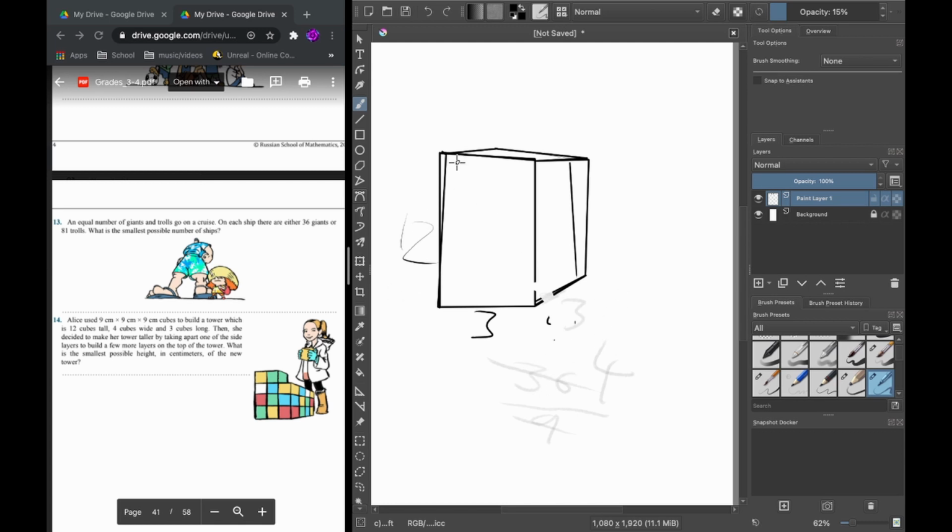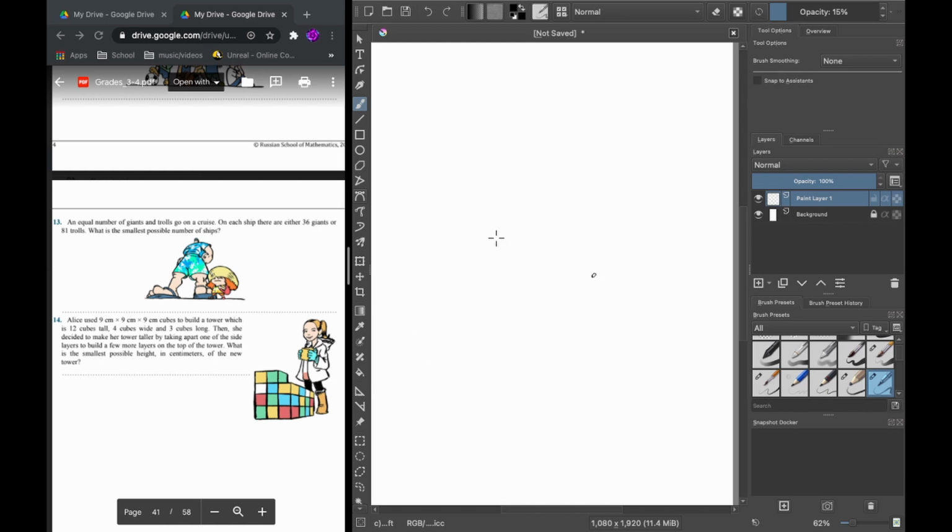So we're going to put 4 extra layers. So if we do 12 plus 4, we would get 16. And now what we'll do is 16 times 3, and then we would get 48, and then we'll do times 3 again.